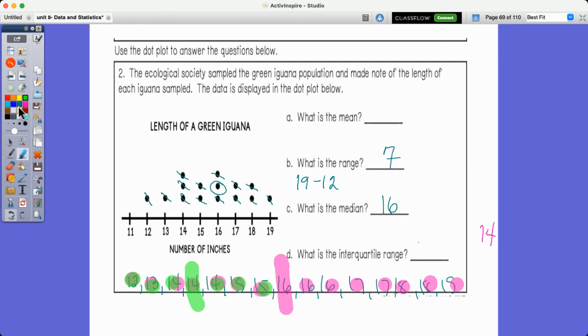And then I'm going to do another color and come over here. And there's Q3. So I have 17 minus 14 is 3. That's my IQR. The mean, yeah, you need to add, divide. I'm not doing that here. I'm using the answer key. It is 15.6. When I add up all these numbers and divide by 1, 2, 3, 4, 5, 6, 7, 8, 9, 10, 11, 12, 13, 14, 15. Okay.